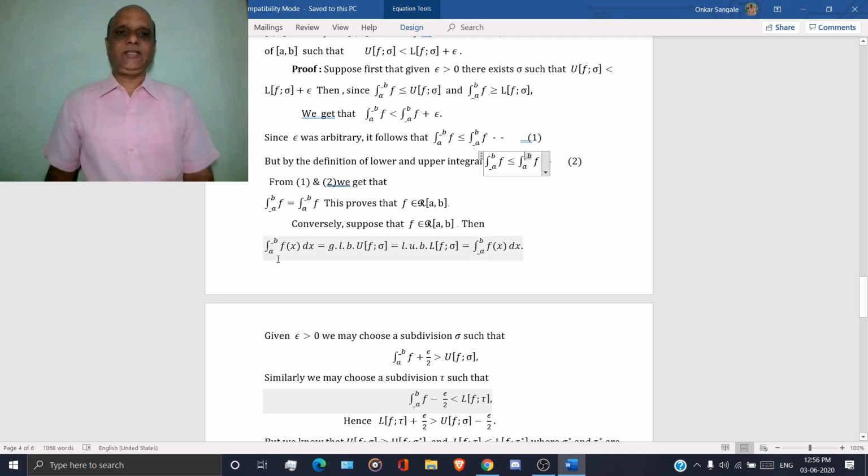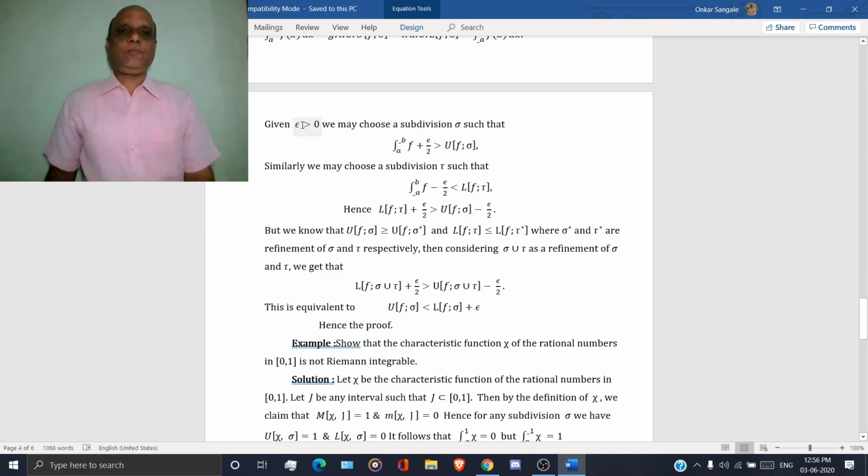Here the upper integral of f(x) dx is, by definition, the greatest lower bound of the upper sums for f corresponding to subdivision sigma, which is equal to the least upper bound of the lower sums for f corresponding to sigma, which is equal to the lower integral from a to b of f(x) dx.